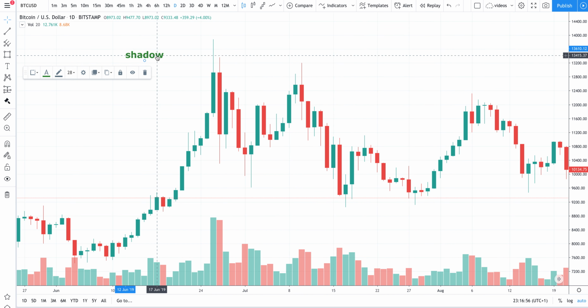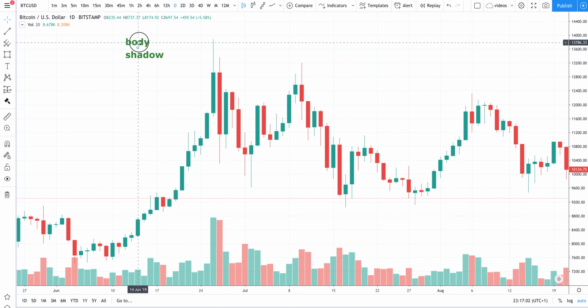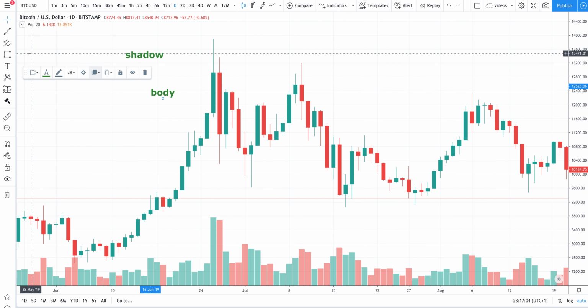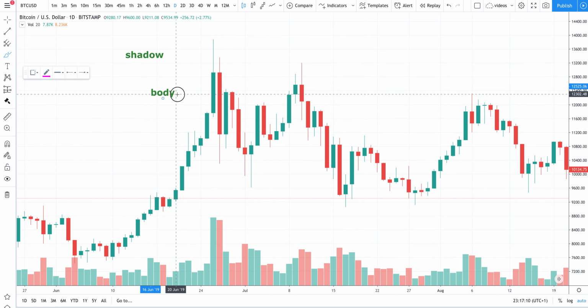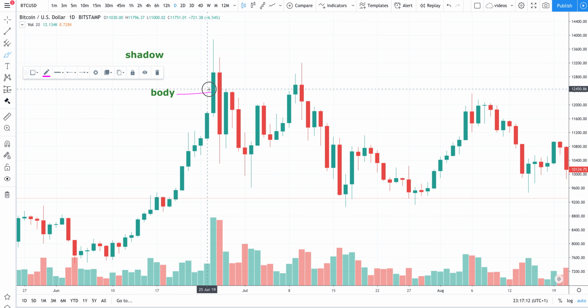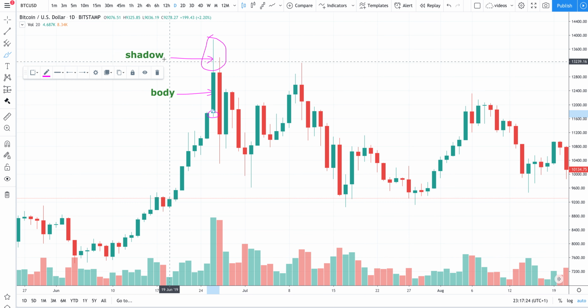How can we call this? This is a shadow and body. Okay, these are the two main elements. This is the body, okay, and here we have two shadows. This is the first one, and this is the second one.